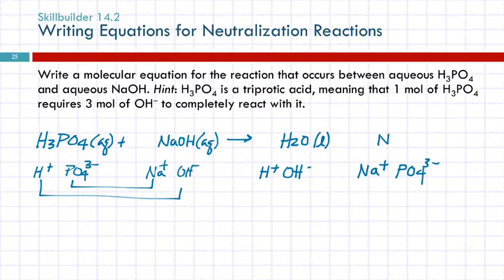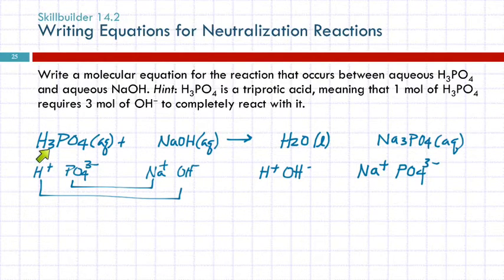The formula is going to be Na3PO4. How would you predict the state of that? You'd need to use the solubility rules. Sodium compounds are always soluble. So this is aqueous. So then we've got our products, now we need to balance it.